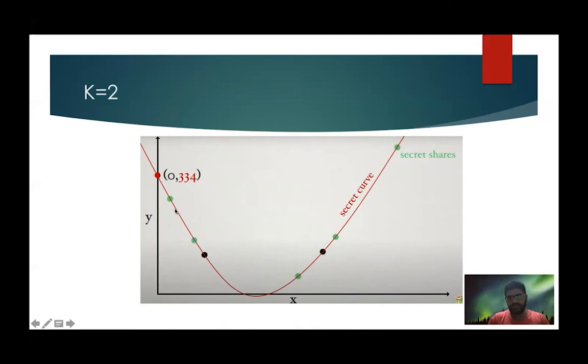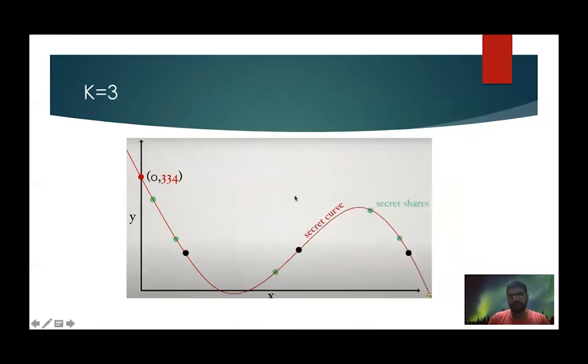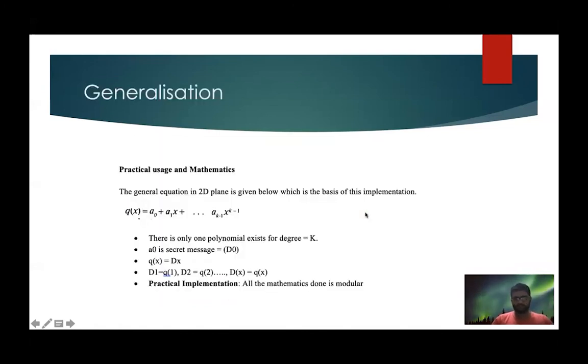I will take out any random point and share it among the persons. At any given point, I will need particularly 2 points to generate this particular curve. As k increases, the degree of the curve increases, and this is how I can generate my secret shares.